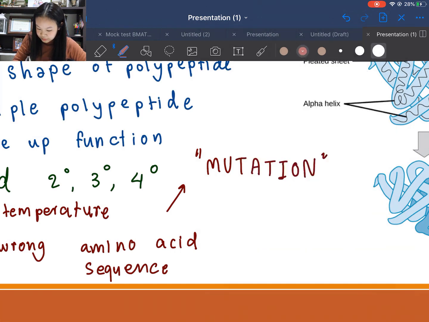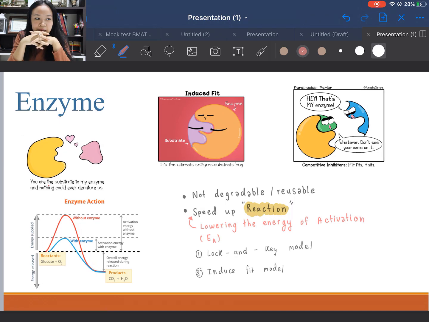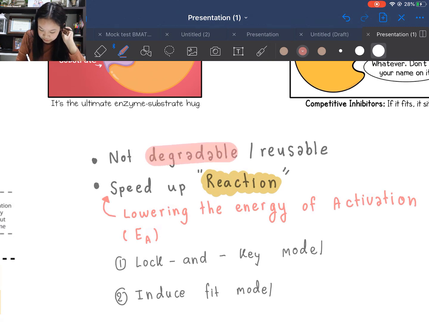Oops, that's too dark. Mutation only. Here goes. Now, enzyme is like a larger part of protein. Whenever we talk about enzyme, it is a large functional protein. An enzyme is not degradable and is reusable, as mentioned here.